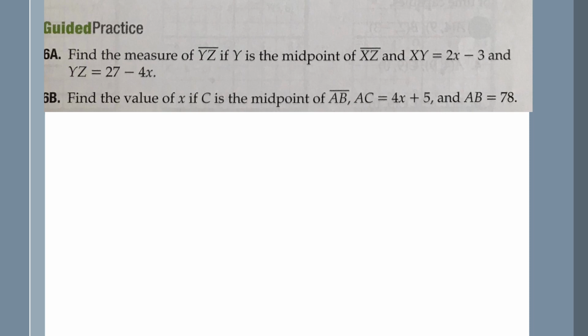Okay, so find the measure of segment YZ if Y is the midpoint of segment XZ and XY equals 2X minus 3 and YZ equals 27 minus 4X. So again, we want to draw a picture. I'm going to draw a segment. XY is equal to 2X minus 3.